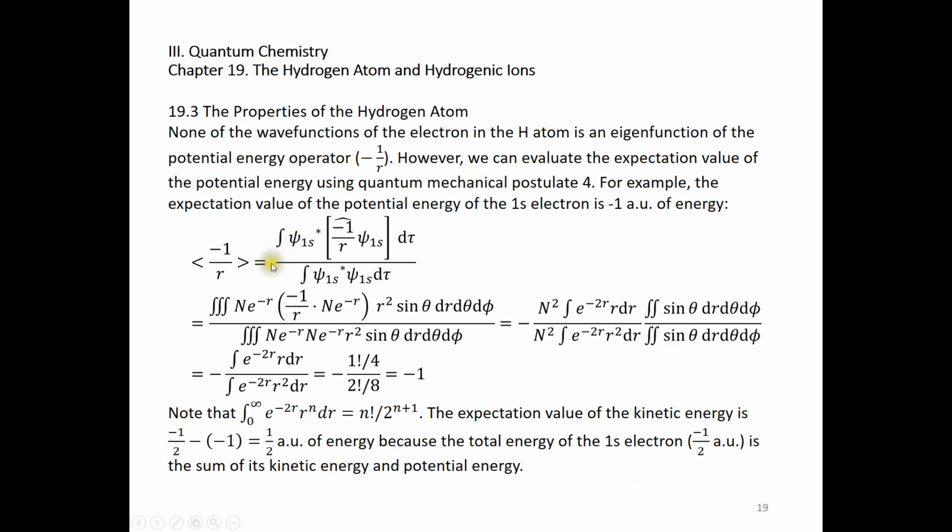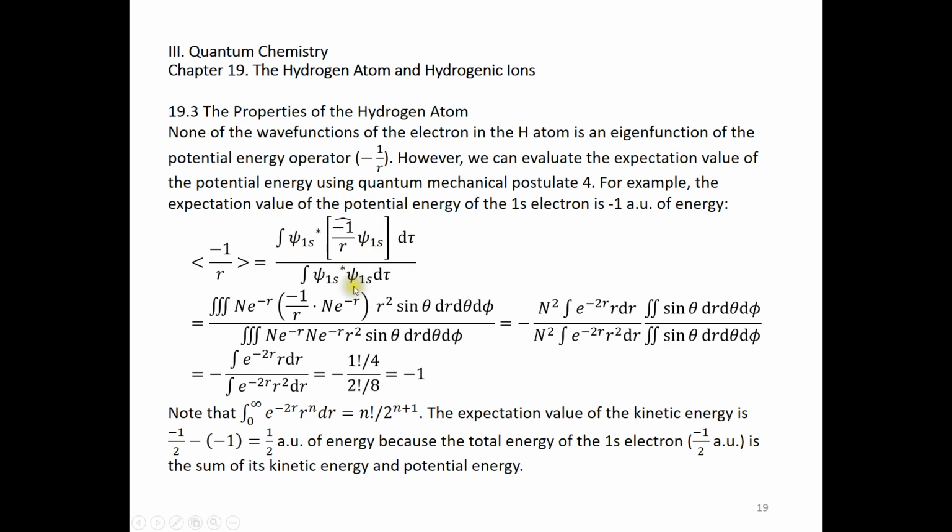We just need to use postulate 4 and this is the expectation value of the potential energy, negative 1 over r. Why negative 1? It's just negative e squared, where e is the charge of the electron, only because the charge of the proton and the charge of the electron have opposite signs.